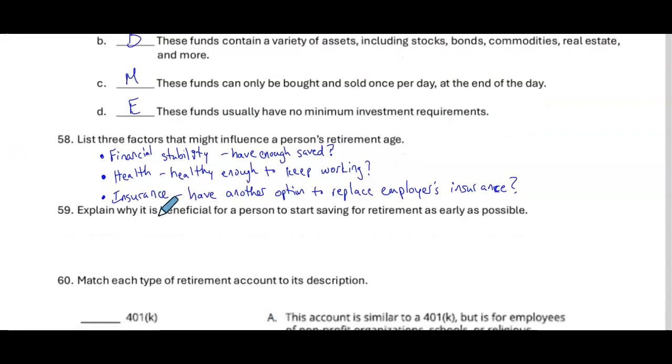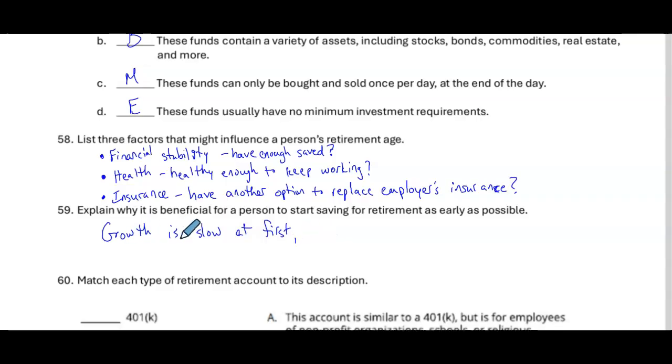Okay, explain why it is beneficial for a person to start saving as early as possible. Your growth will be slow at first. So if you wait until the end to start saving, you're going to do all that slow growth at the end, and that's not what you want. You need that high growth to get to your retirement amount that will fund your older years.